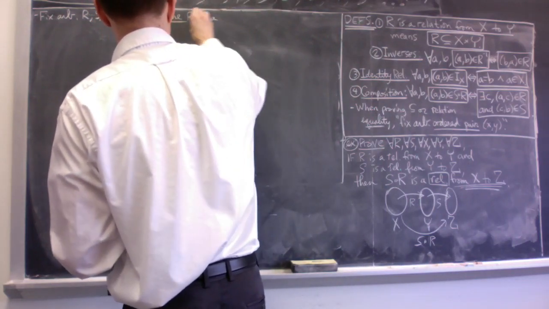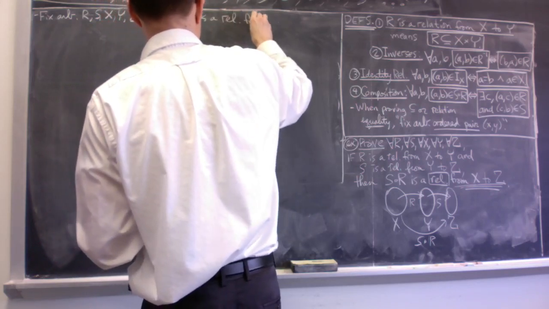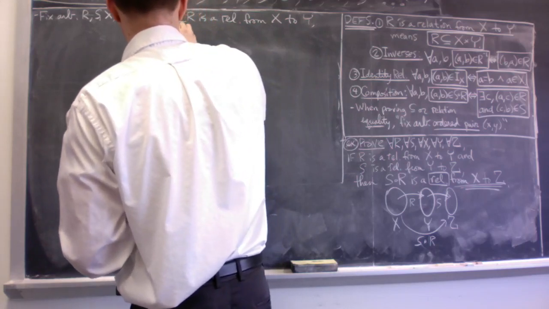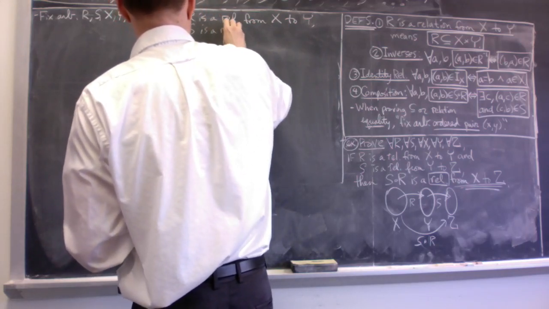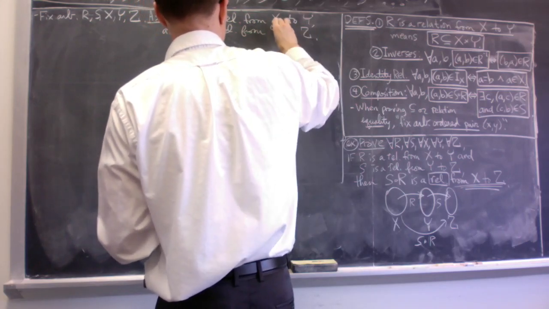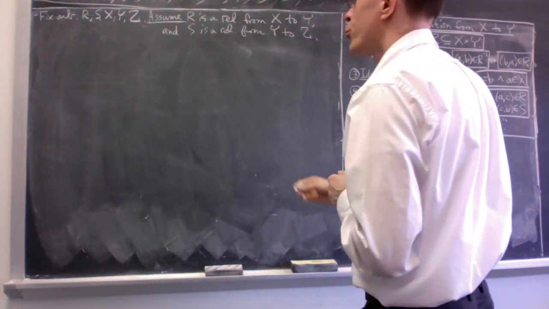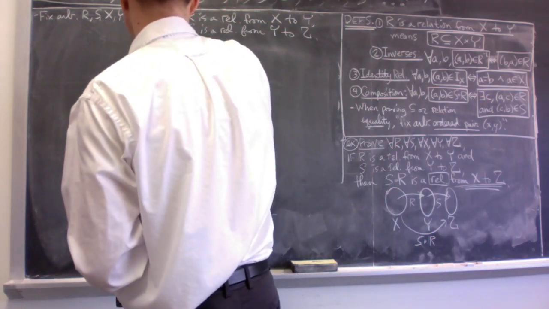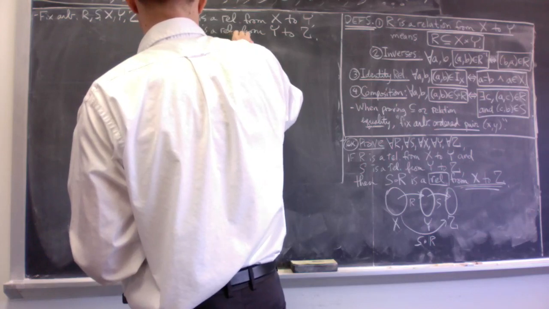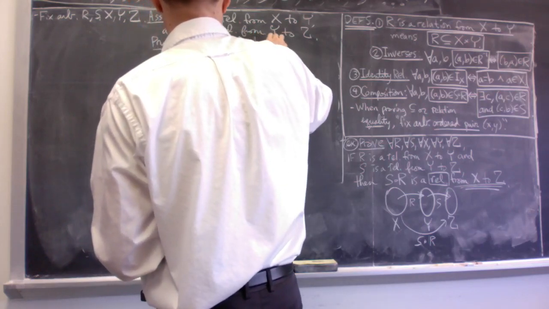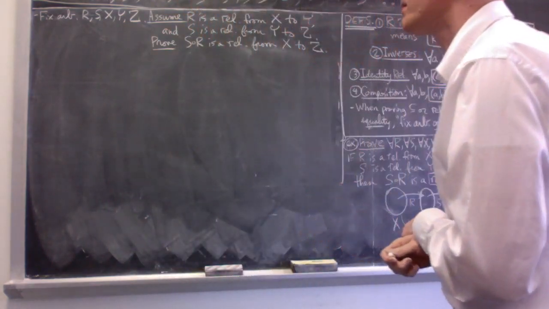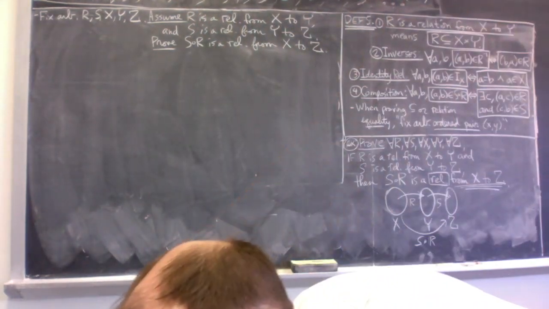So assume R is a relation from X to Y, and S is a relation from Y to Z. Prove S circle R is a relation from X to Z. Let's see if that's, yeah, that should be visible.